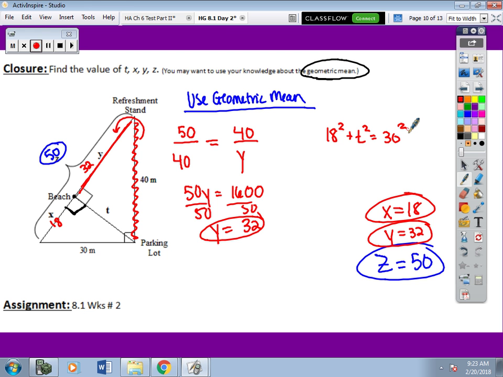We also could have done geometric mean, t, 18, and 32, if you prefer. But we should get that t is 24. And these would all be meters. I should have had units. Alright, so sometimes you may have to use some prior knowledge, but remember you can only use the geometric mean if you see 3 right triangles, a big one and 2 small ones.